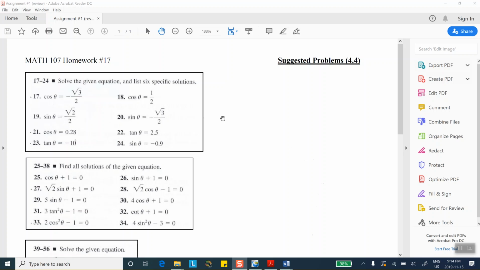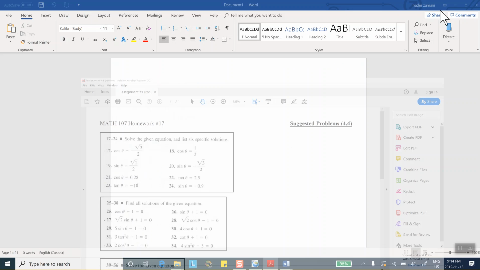What I'm going to do is find all solutions, such as what is being asked in 25 through 34. However, once I get that, then I can find as many specific solutions, such as the six it's asking for. All right, so let's start with number 17.